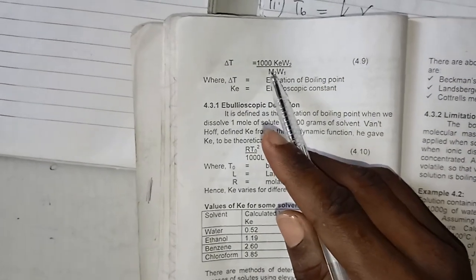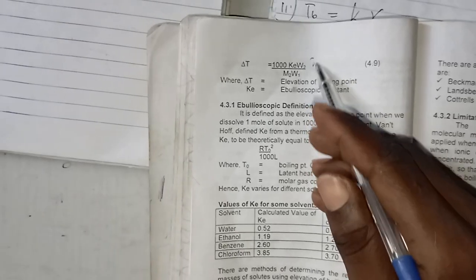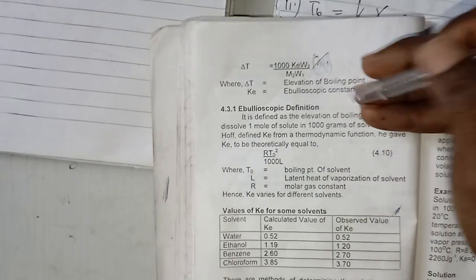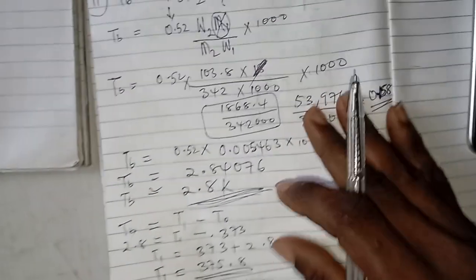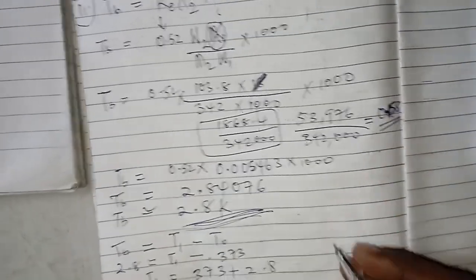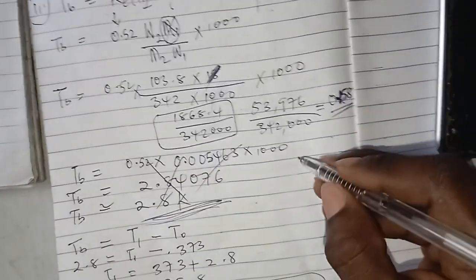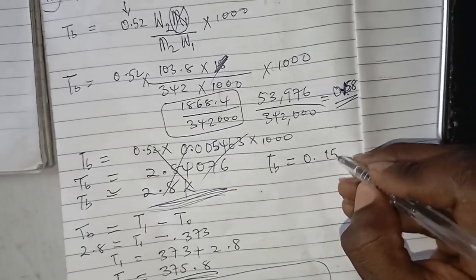So 1000 Ke W2 over M2 W1. So you see that the M1 that is supposed to be here is constant. So that is it. If I know that, this is our answer for boiling point. So TB is equals to 0.158.